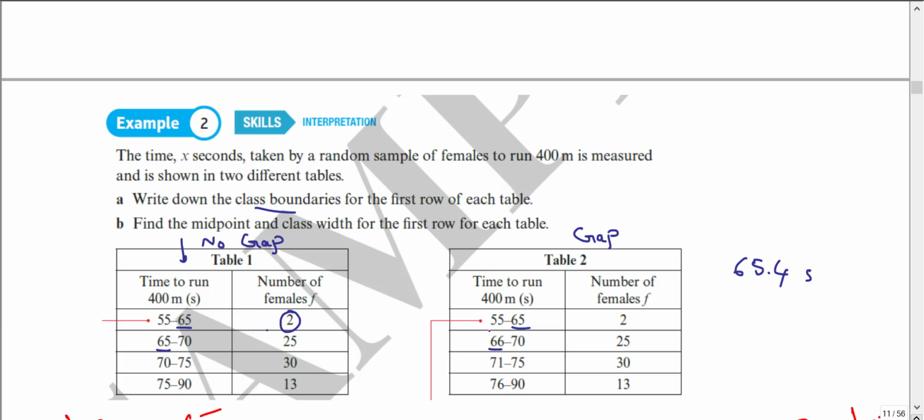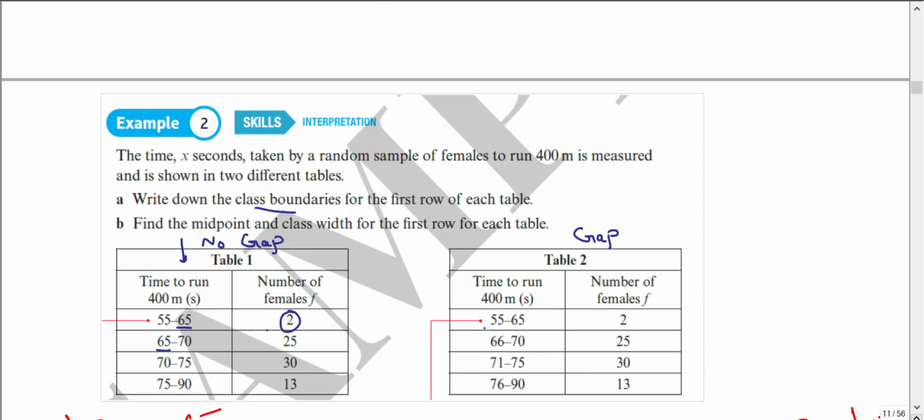No. According to this data, the group here is between values 55 and 65. That's it. 65.1 doesn't belong to this group. And this group starts with 66. So this one will cause a problem. That's why we say in this table we have a gap.